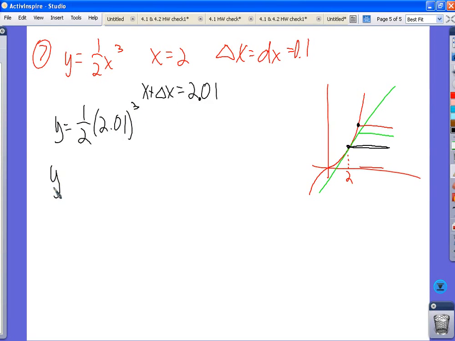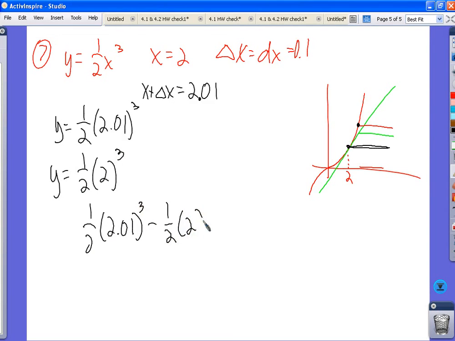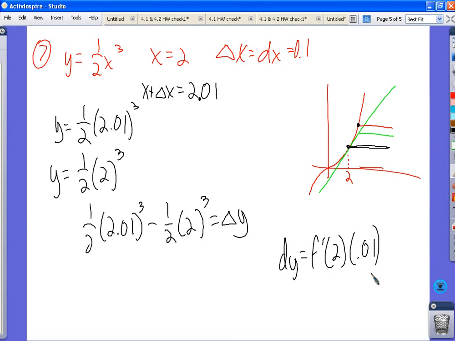And this other y value is going to be 1/2 times 2 cubed. So we're going to subtract these two values. 1/2 times 2.01 cubed minus 1/2 times 2 cubed. That's going to be delta y. But dy will just be equal to f prime of 2 times 0.01. So find f prime, and then find f prime of 2, and f prime of 2 times 0.01 will give you dy.